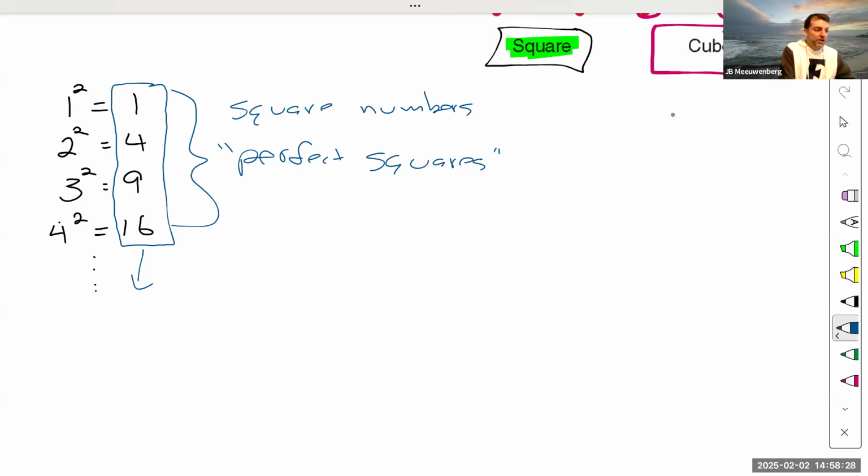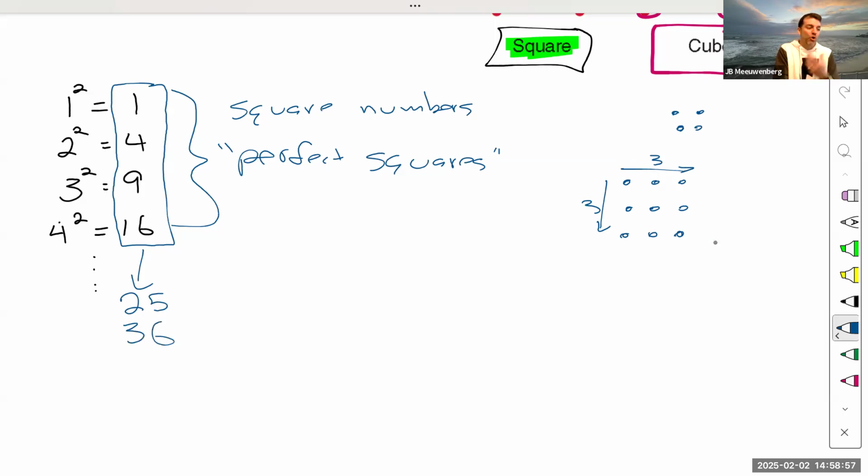The number 4 we just saw, 1, 2, 3, 4 is a square. So can 9. 1, 2, 3, 4, 5, 6, 7, 8, 9. It's 3 by 3 makes 9. If we continue this, 1, 4, 9, 16, what would be the next perfect square? 5 times 5 is 25. Next would be 6 times 6, which is 36. Those can all be arranged in a square.